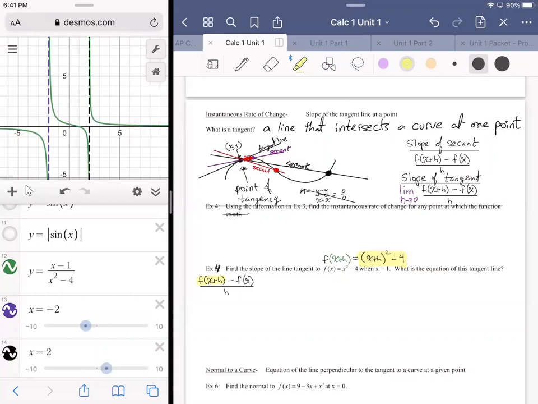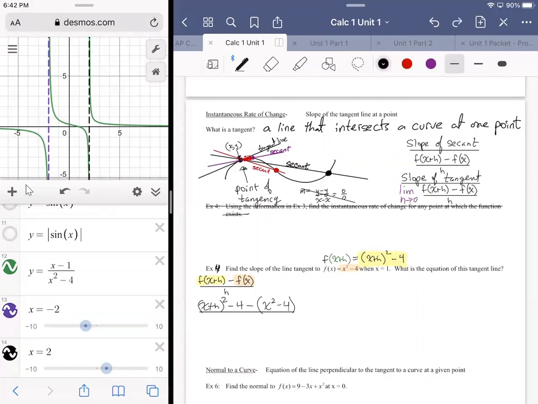So I'm going to put that into my difference quotient. x plus h squared minus 4, minus parentheses, my original function. I'll use this orangish color here, which is x squared minus 4, all over h.